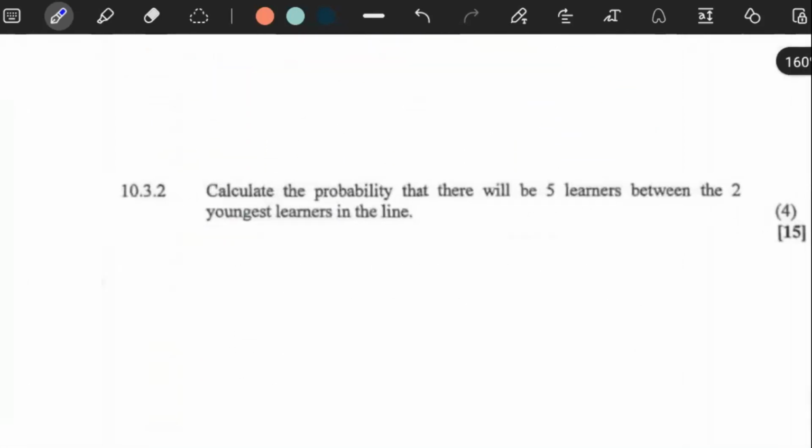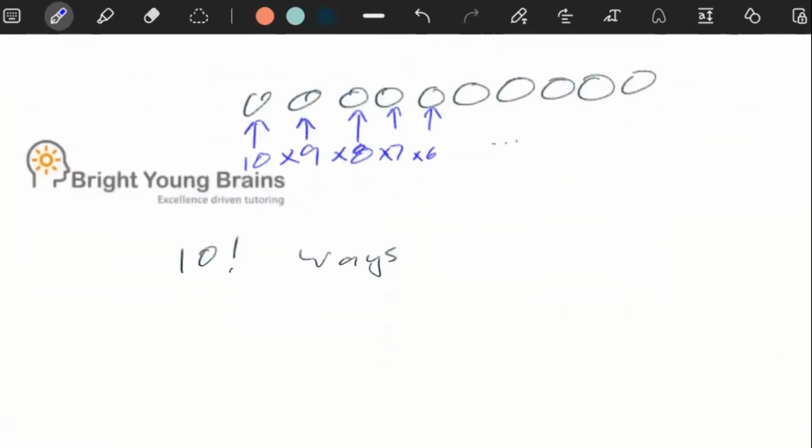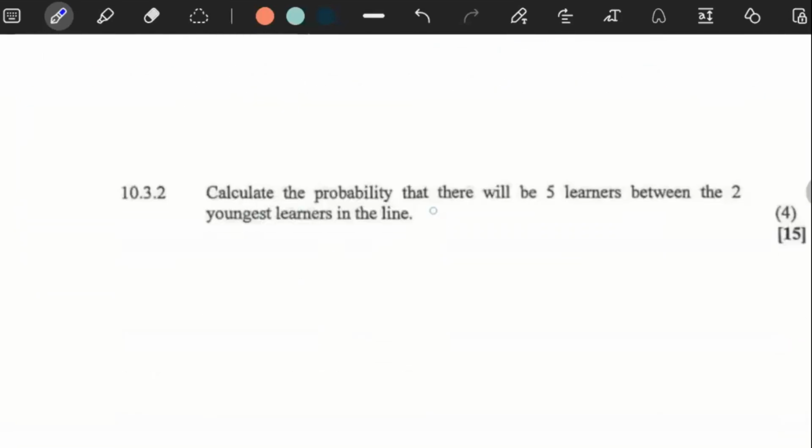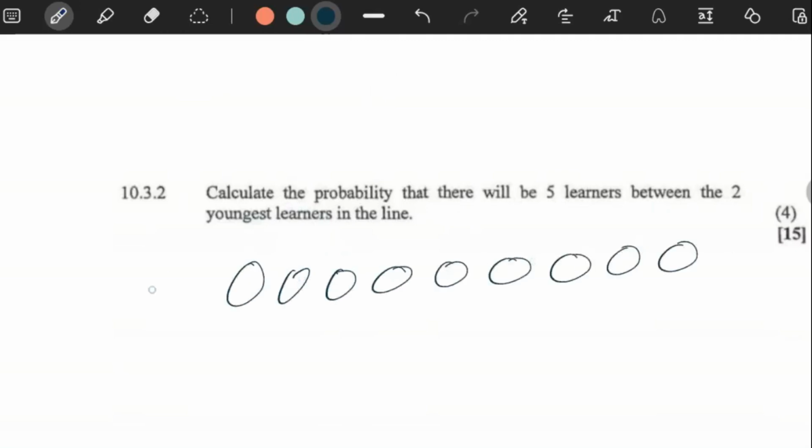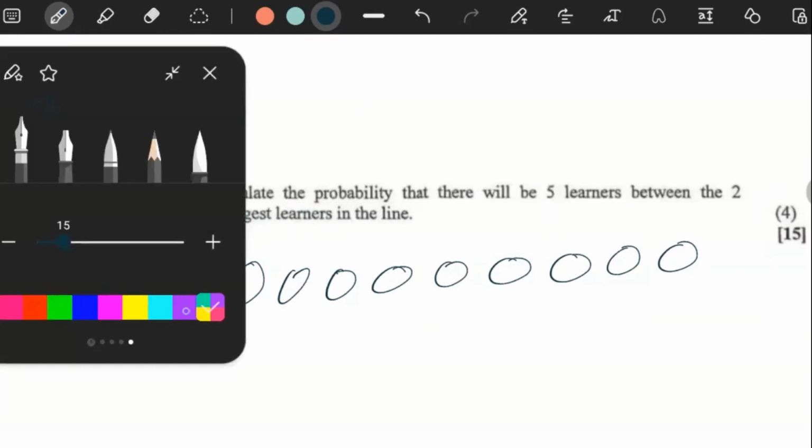10.3.2 says calculate the probability that there will be 5 learners between the 2 youngest learners in the line. What? This is quite funny. So without overthinking it, all we know is there are 10 places, 1, 2, 3, 4, 5, 6, 7, 8, 9, 10.